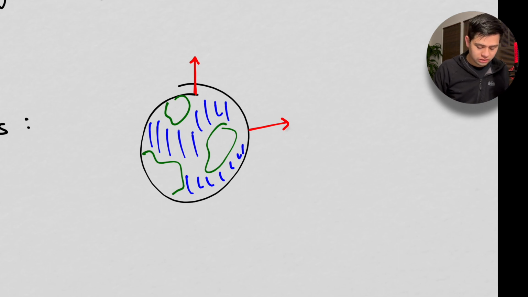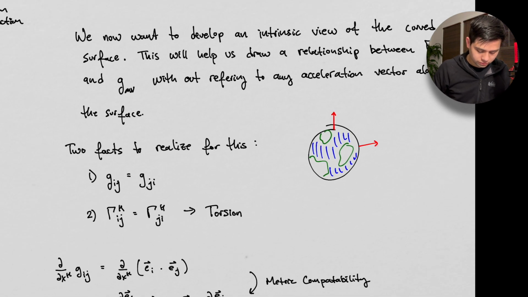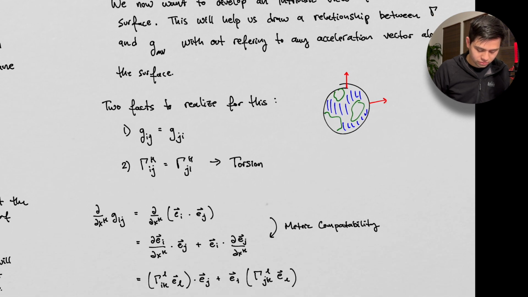So there's two facts to realize about this before we go forward. The idea here is that we're going to have g_ij equal to g_ji. The metric is symmetric, and then we're going to have this also, symmetric about the two bottom indices. This is not necessarily going to be the case, though, when we start talking about torsion and torsion-free objects.